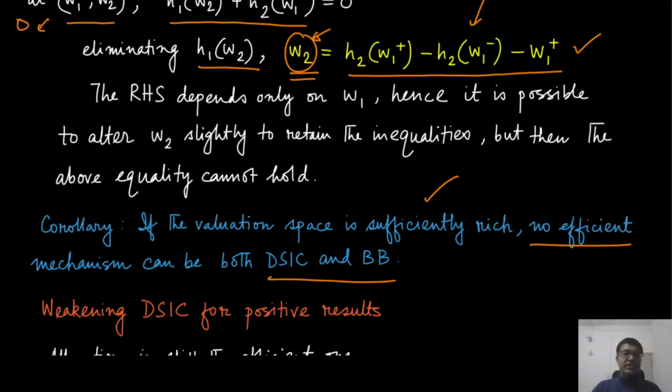So we get this corollary. Now you see that there is a tension between efficiency and budget balance whenever we are talking about DSIC mechanisms, and also considering sufficiently rich type space.